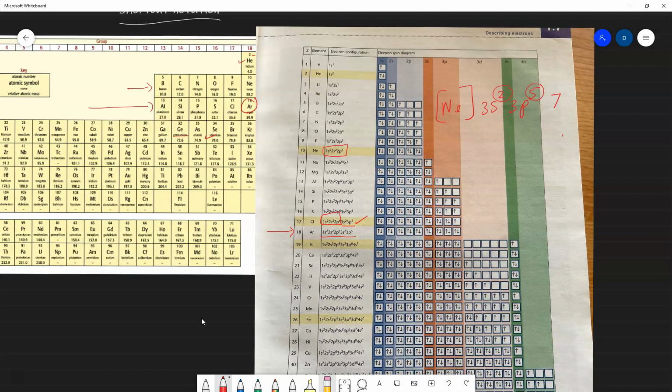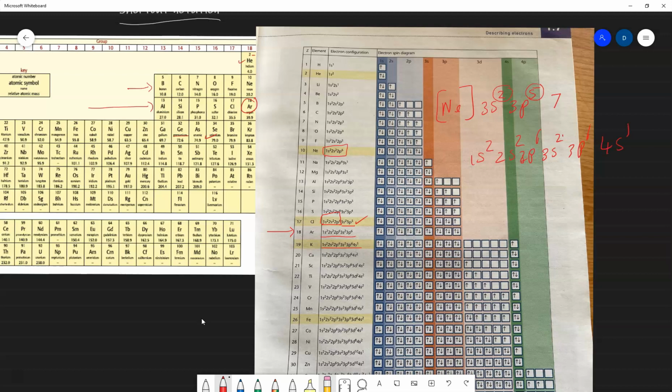Next is potassium, K. This is 1s2, 2s2, 2p6, then 3s2 and 3p6 and 4s1.